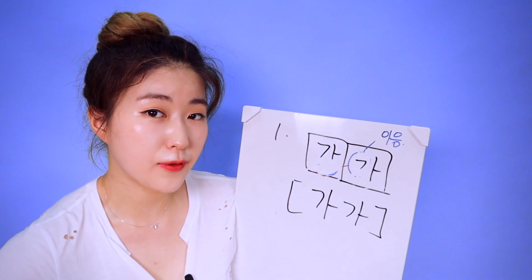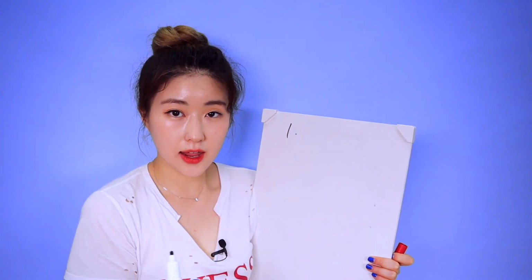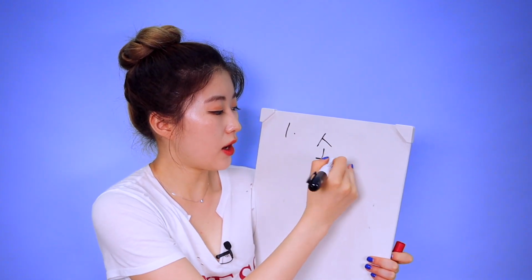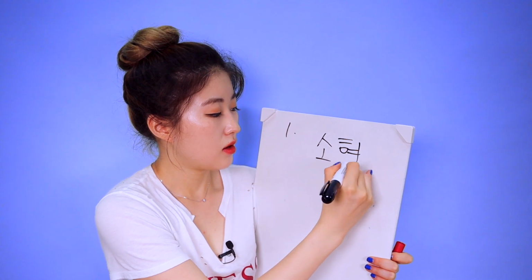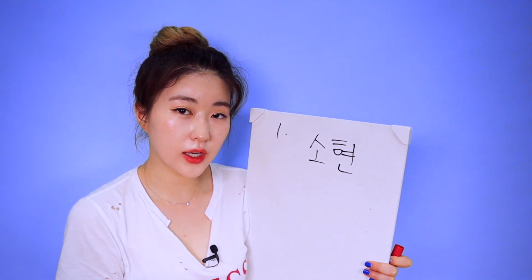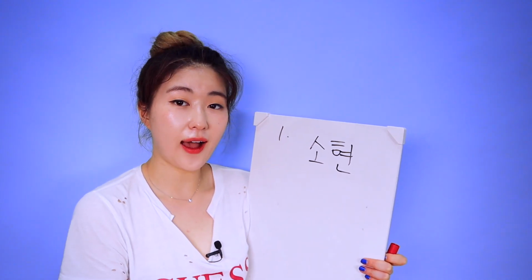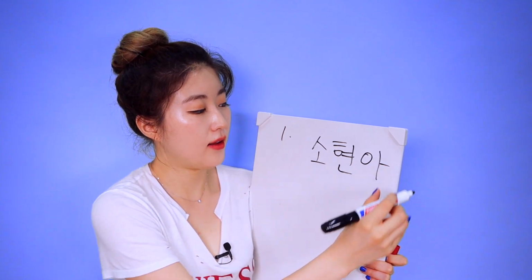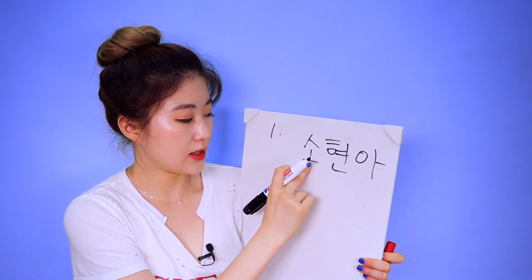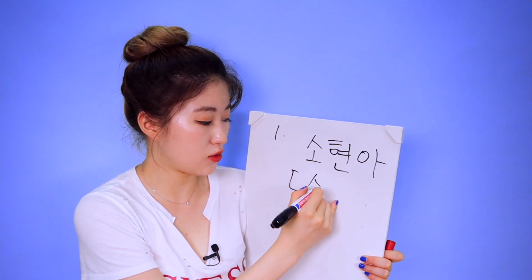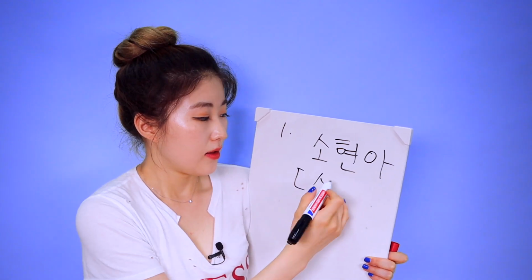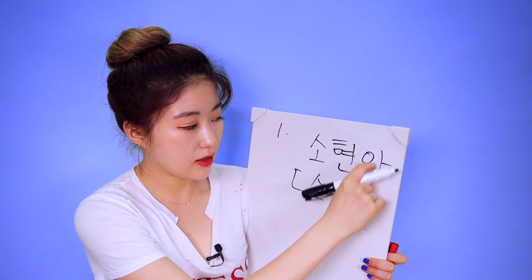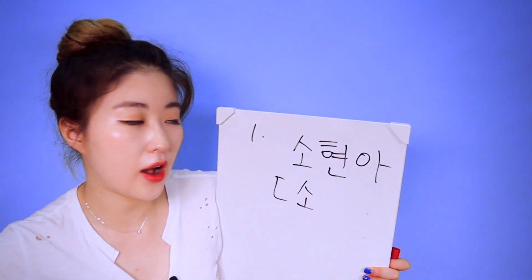Let me give you another example. My name is Sohyun. When you call someone in Korean, you always attach 아, right? 소현아. When you pronounce this one, it doesn't have the last consonant, so you just pronounce it 소. But here, as you can see, there's a no sound value consonant.